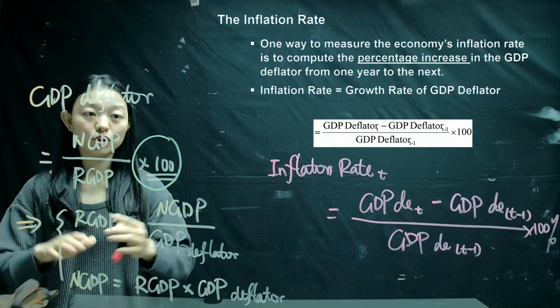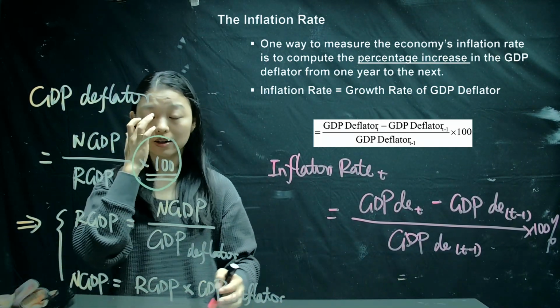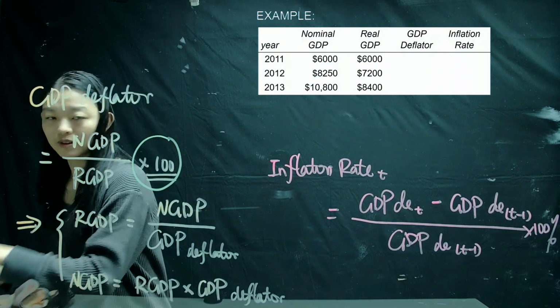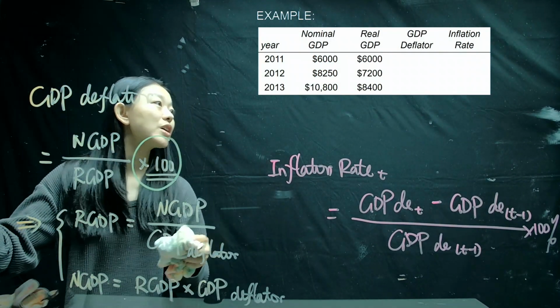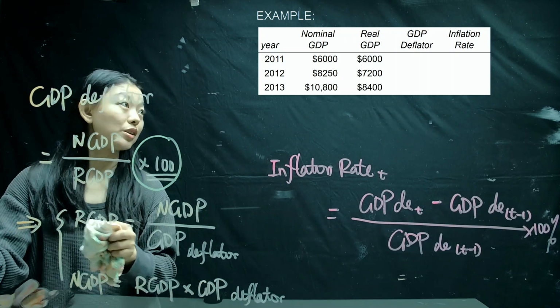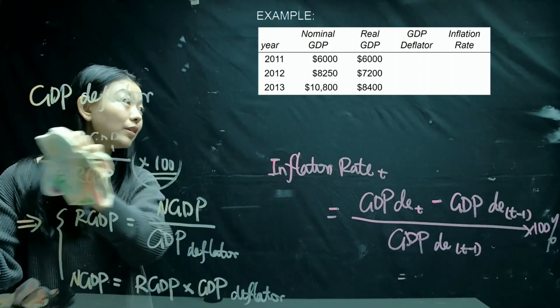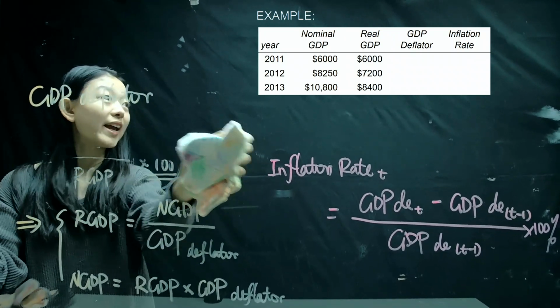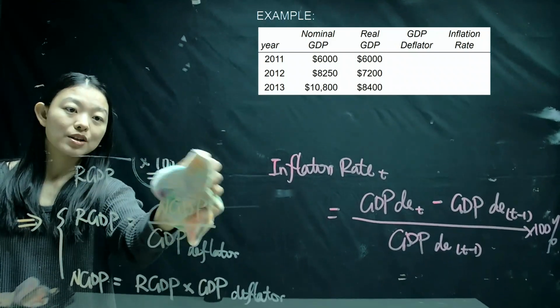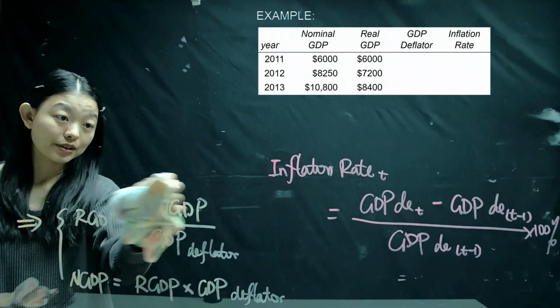I would like to show how to use these two formulas in the next example. So let's see. This is what we just computed from the pizzas and lattes combinations for each year. In 2011, we can get the nominal GDP and real GDP, right? So how can we get a GDP deflator?